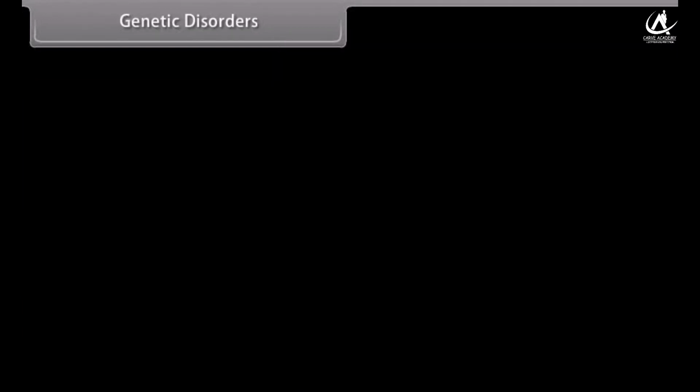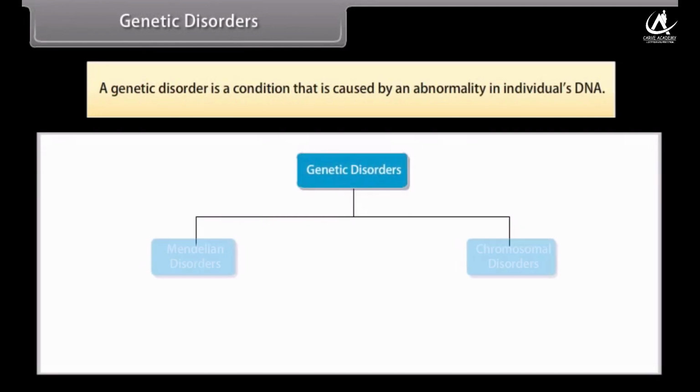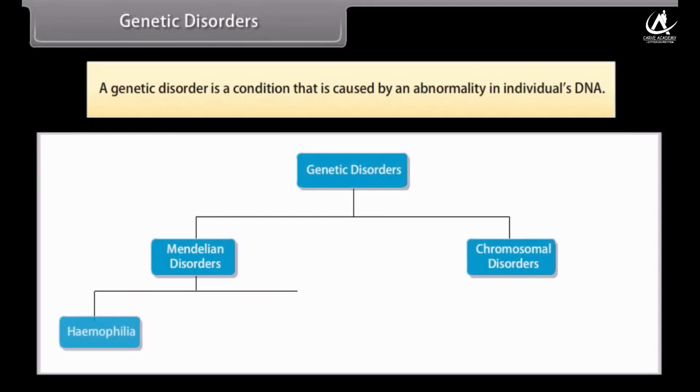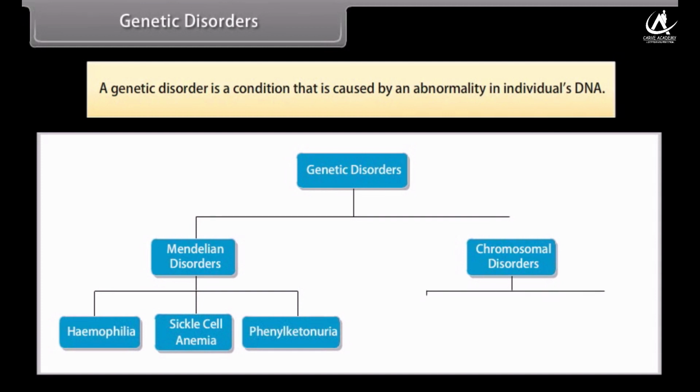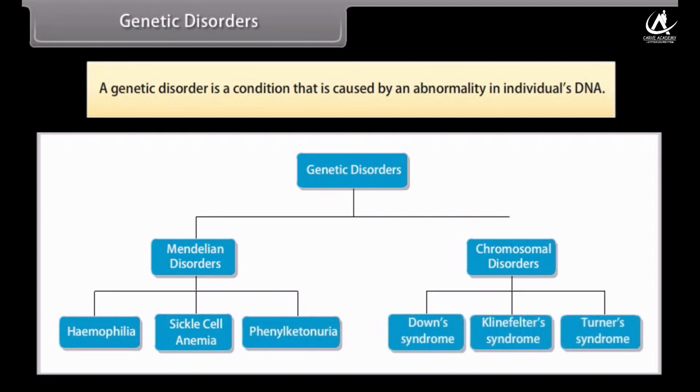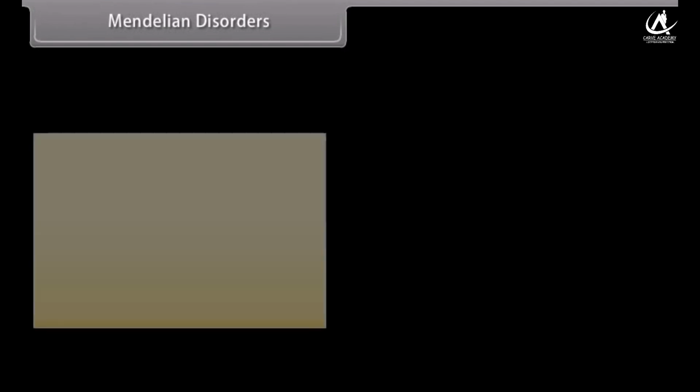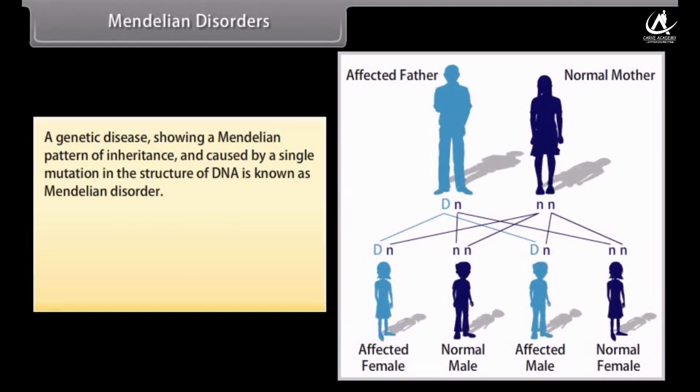Genetic disorders. A genetic disorder is a condition that is caused by an abnormality in an individual's DNA. Mendelian disorders: a genetic disease showing a Mendelian pattern of inheritance and caused by a single mutation in the structure of DNA is known as a Mendelian disorder. Such a disease trait can be dominant or recessive.